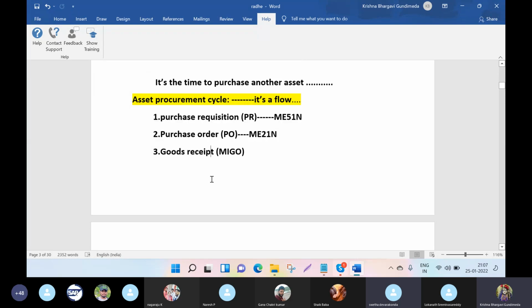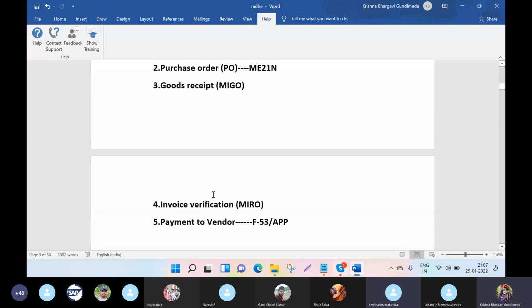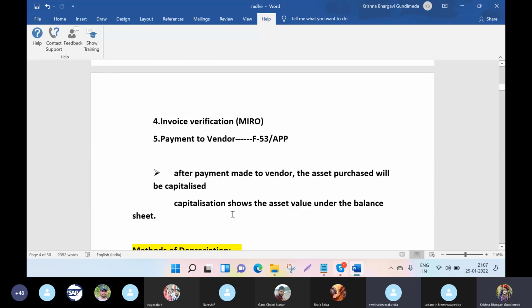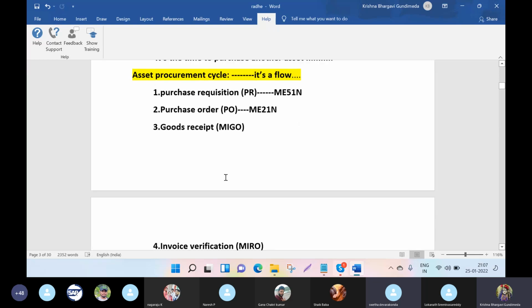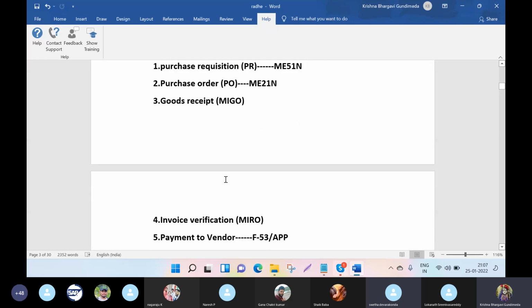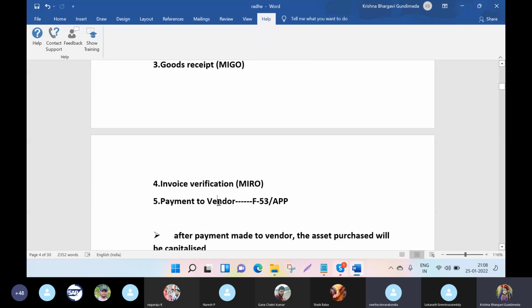At the time of goods receipt, we receive the invoice, and later we make a payment to the vendor. After making payment, the asset should be capitalized. Suppose we make a purchase requisition note for the purchase of machinery. After receiving the machinery and verifying the invoice, we made a payment of 50 lakhs to the vendor.